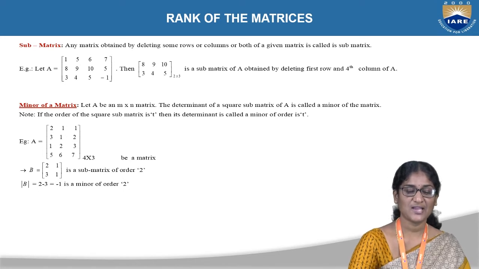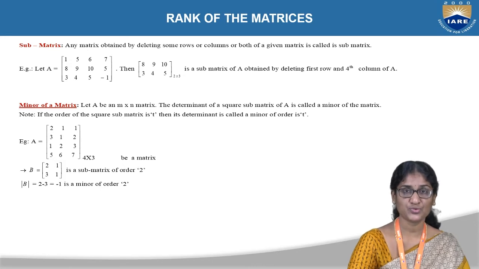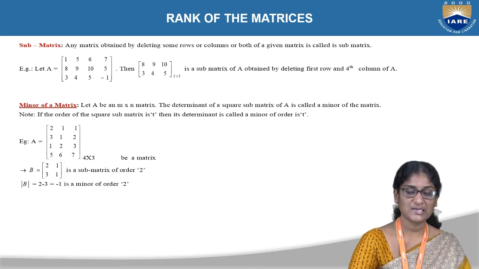And I have taken a submatrix 2, 1, 3, 1 by deleting the last column and last 2 rows. So I got a 2 into 2 submatrix. The determinant of this, that is 2, 1, 3, 1, is 2 minus 3, which is equal to minus 1, called a minor of order 2.